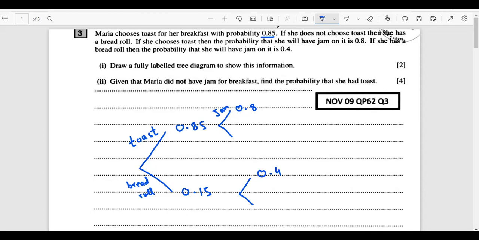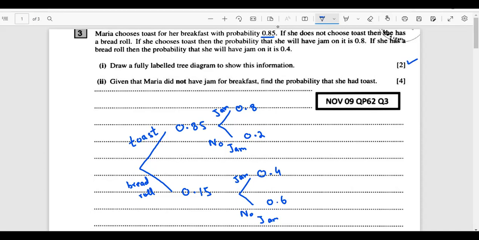So this means that if this is jam, the other branch would be no jam, because the sum should be 1. So this would be 0.2, and for this one, this was for jam, and then for no jam, it is going to be 0.6. And that is it. You got your 2 marks.